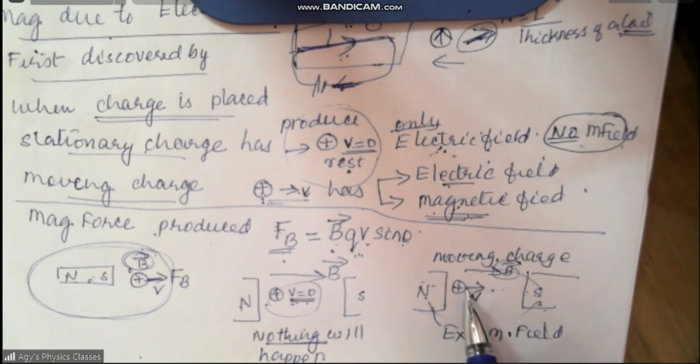Now, since this charge is moving, it has its own magnetic field. It is like there is one magnet here, another magnet here, north, south. This has its own magnetic field, and this has its own magnetic field. When you place two magnets closer, what will happen? Either they attract or they repel.